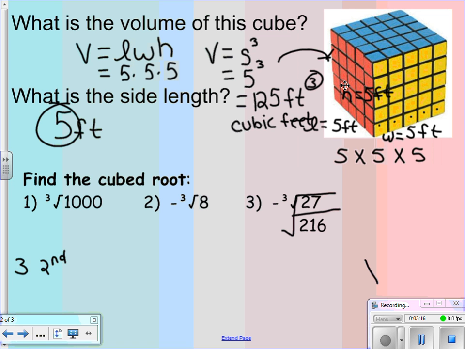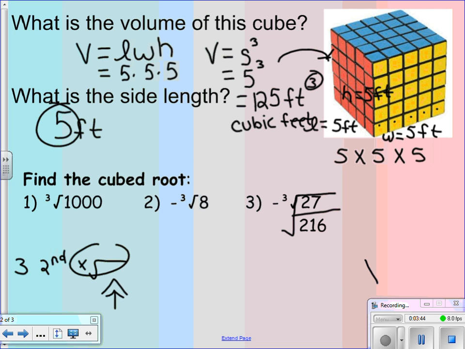Then you're going to look for the key that looks like this, and it's actually where the caret key is. You're going to hit the second key, which is at the very top left corner of your calculator. It's the same button as the caret, just a second function of it. And that's going to give you the cubed root of 1,000.